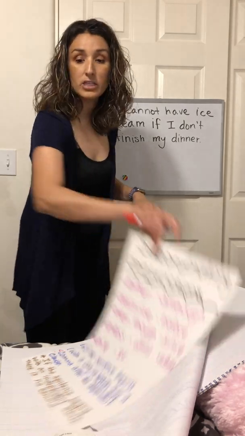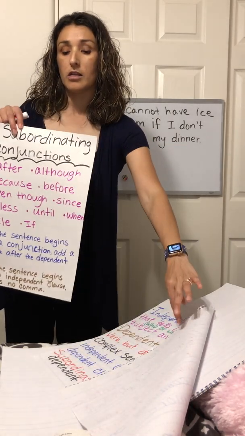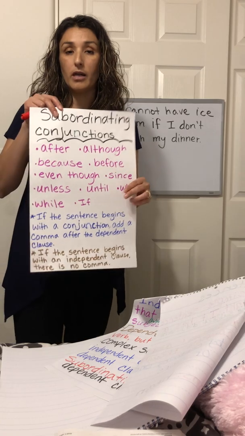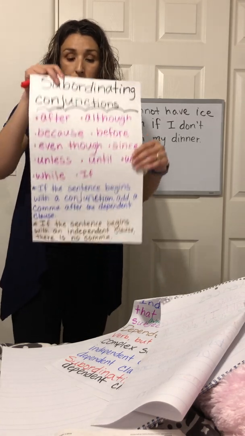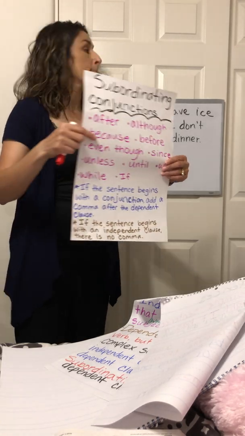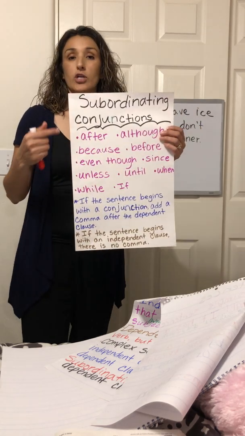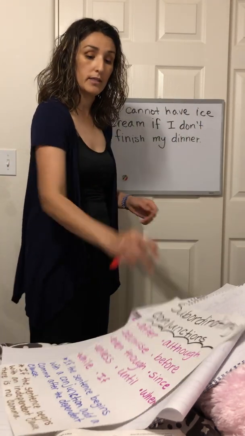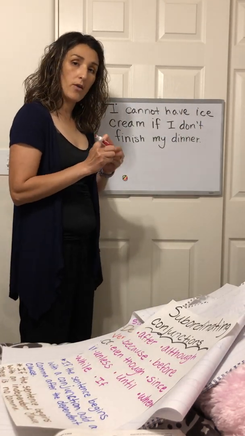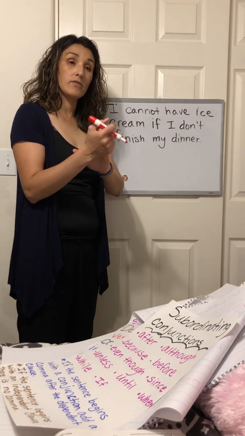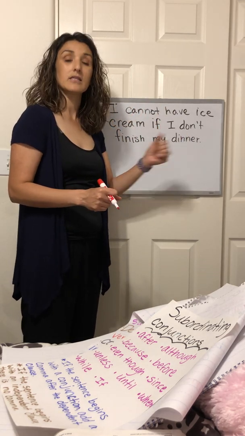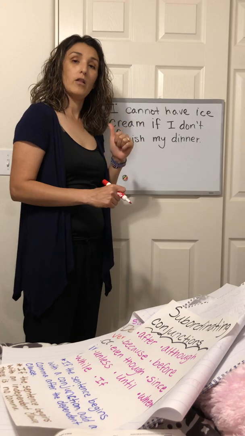Examples of these conjunctions are also in your reader's notebook, page 133. These are some of the examples. And I have to find the conjunction first, and I'm gonna circle it. If you're doing this again on your whiteboard, pause the video so you can write down the sentence and then follow along with me.